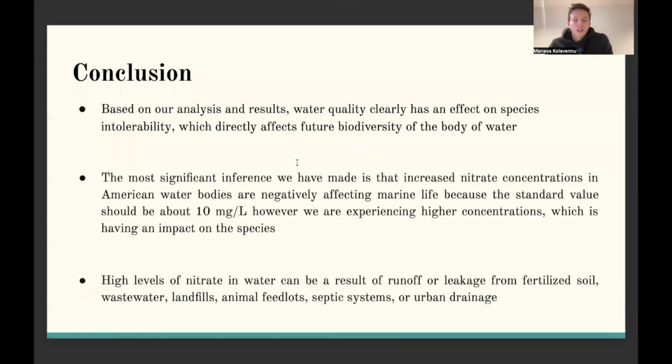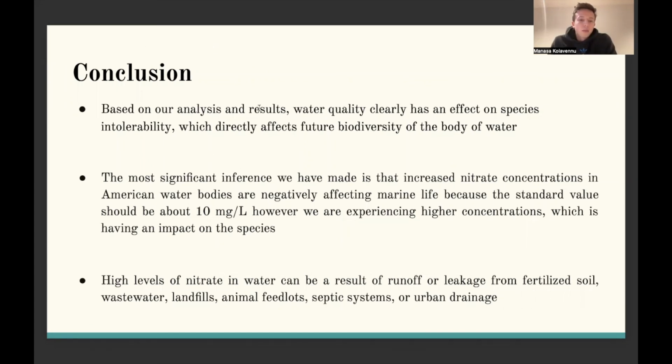Now coming into the conclusion of our results, essentially we were trying to look at how strong of an impact water quality has on future biodiversity. If you think about how if there are a greater percentage of species which are intolerable to the water quality, in the future there will be less and less populations of these species, thus less biodiversity, which is not what we want.